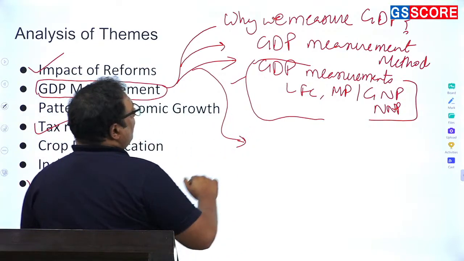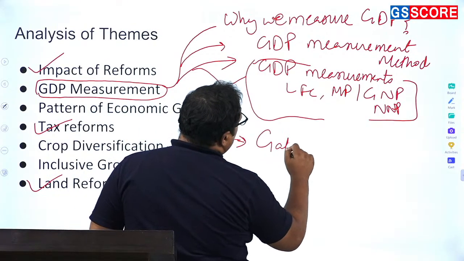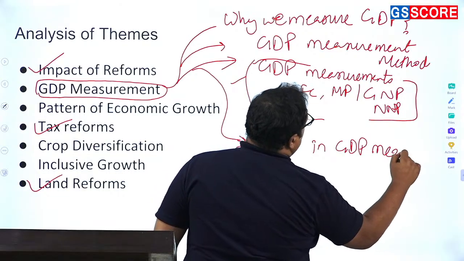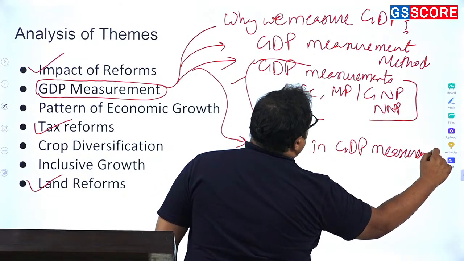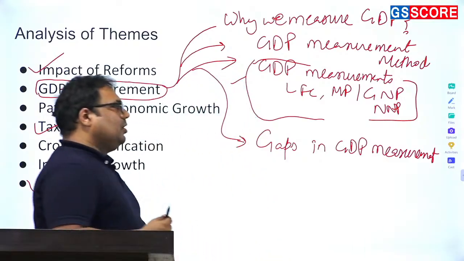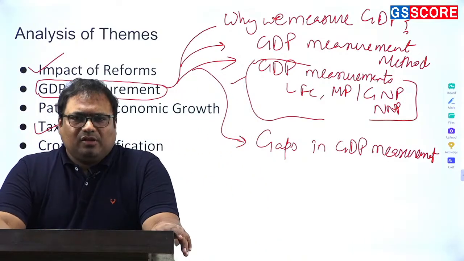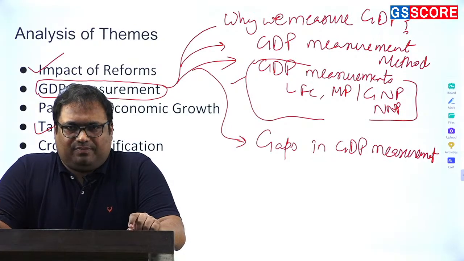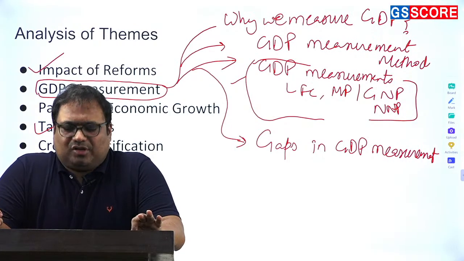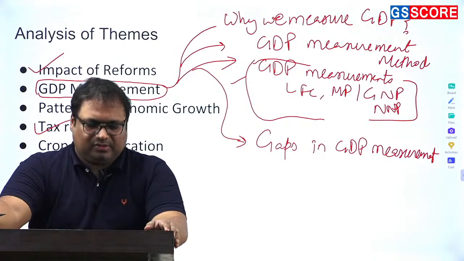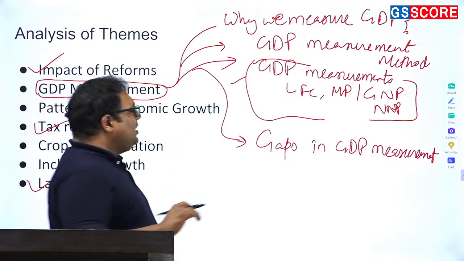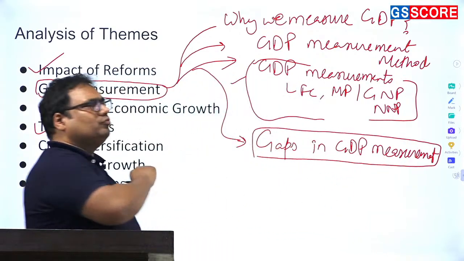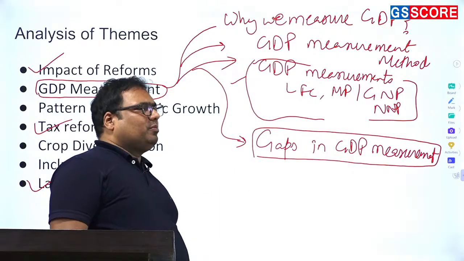Then gaps in GDP. We calculate GDP so that we know how much is available for the people in the country. Okay? How much is available for the people in this country. So in a way, what people are going to get, what people are going to consume is measured by GDP.